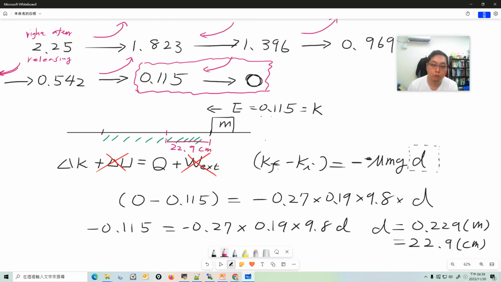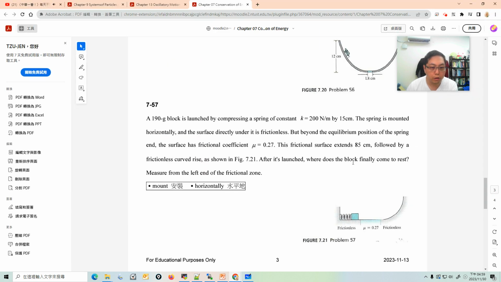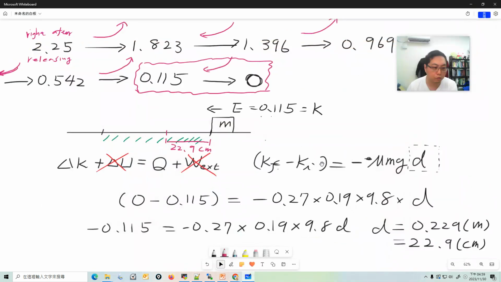But the problem I want to ask is, the reference point in the problem, let's go back to this problem. The reference point is measured from the left end of the frictional zone. So the problem wants you to find this distance, because the reference point is here.